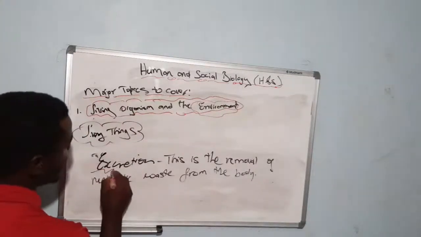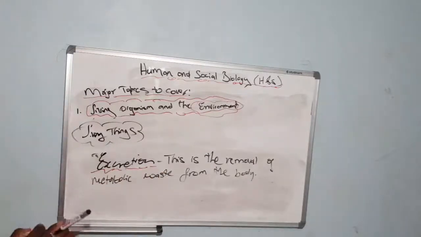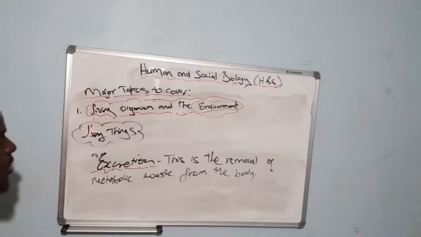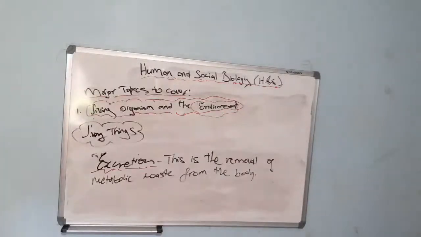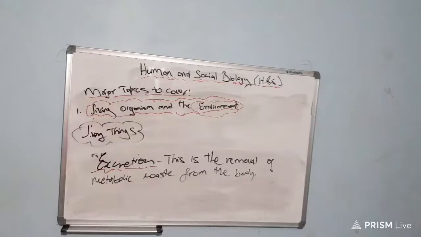Remember earlier what we said about metabolism? Metabolism is really all the chemical reactions that take place in a human body. Alright? So now, excretion is the removal of metabolic waste from the body.